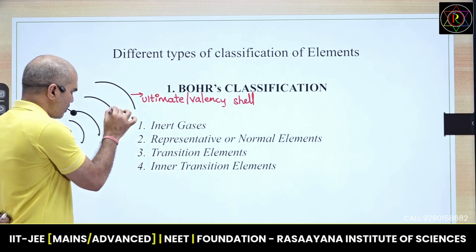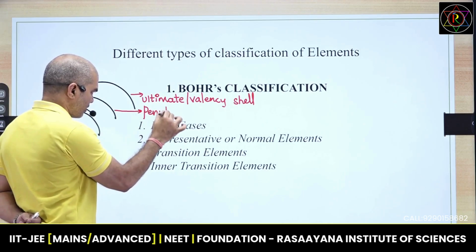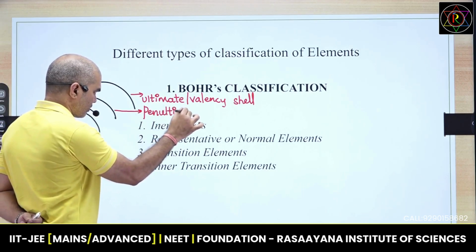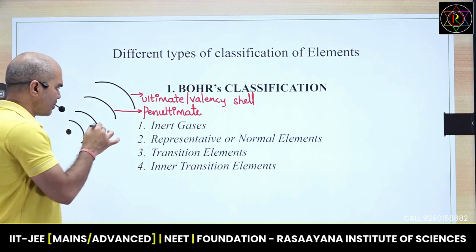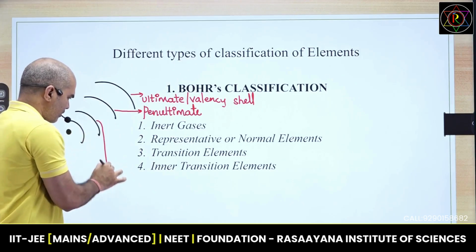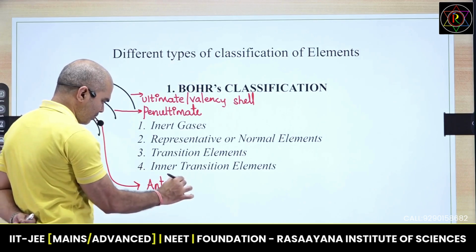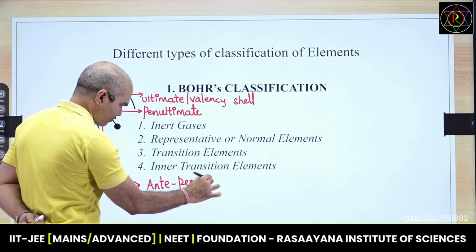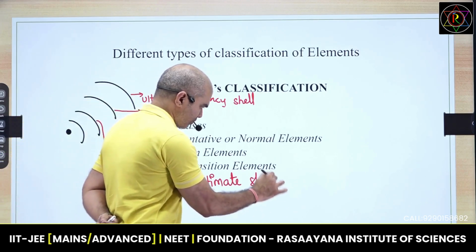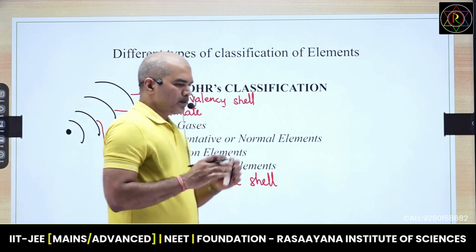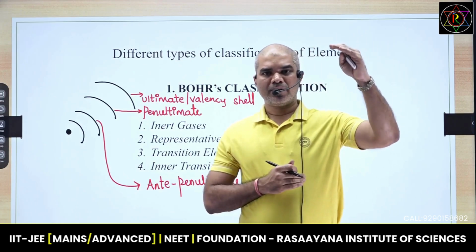The next one to the ultimate we call the penultimate shell. So: ultimate or valency shell, penultimate shell, and the one before that we call the ante-penultimate shell. The outermost shell from the nucleus we call the valency shell or the ultimate shell.